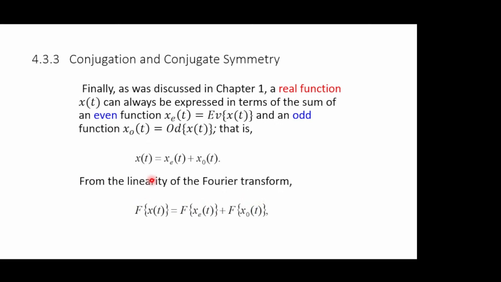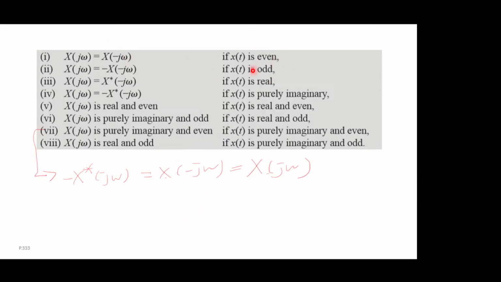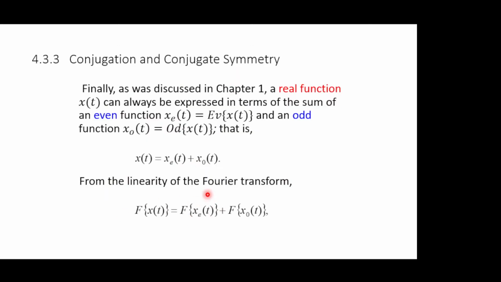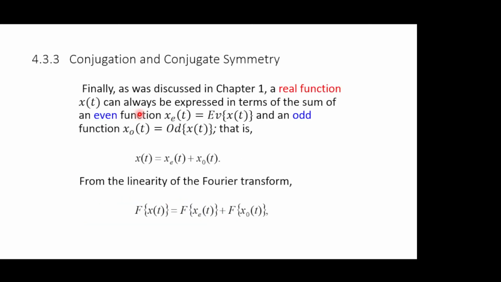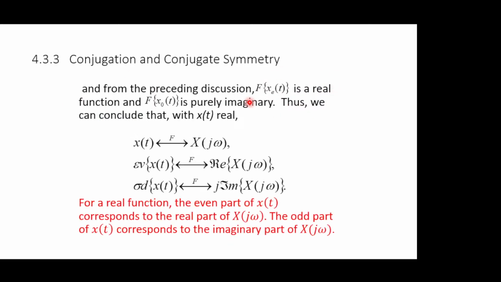From our derivation, the even part is obviously even and the odd part is obviously odd. From this table, the Fourier transform of the even part will also be even, and the Fourier transform of the odd part will also be odd. Now we go back to using our real function property.